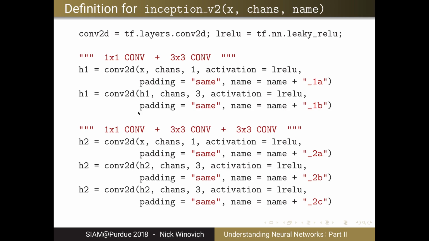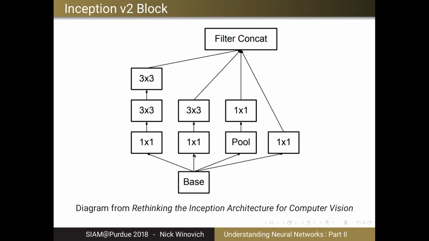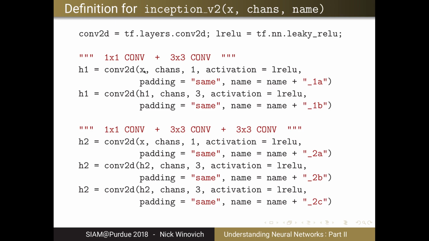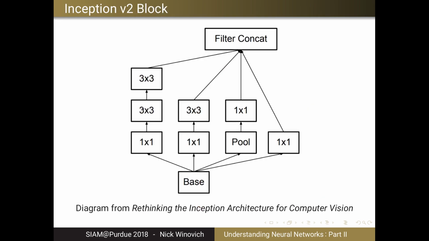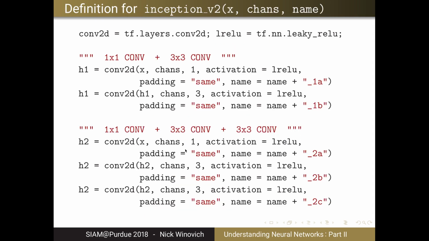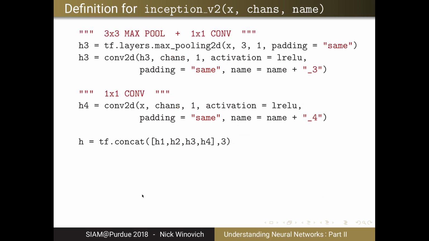So if we look at the 1x1 and 3x3 tower here, we can implement that by processing the input x by a convolutional layer with stride 1, followed by a convolutional layer applied to that hidden unit with a filter size of 3. And the 5x5 filter, which has been factored, can be implemented in the same way. We just restart using that original input x and apply 2 more additional convolutional layers. Okay, and the same for the max pooling, same for the 1x1, and at the end we just concatenate these channel-wise by indicating the third dimension.